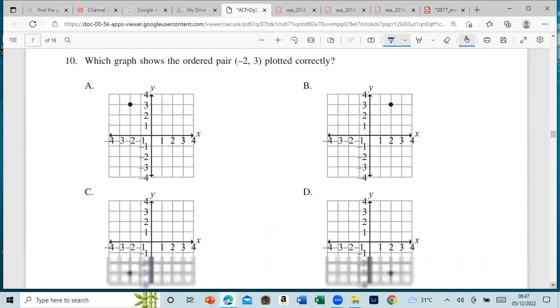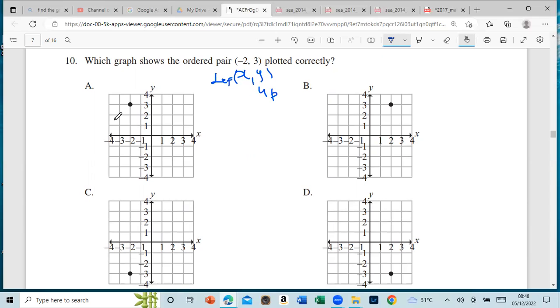Which graph shows the ordered pair -2, 3 plotted correctly? So -2 represents your x and +3 is y. That means x is on the left of the 0, and y positive means up. So it's actually the first one.